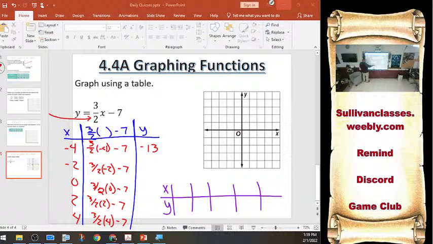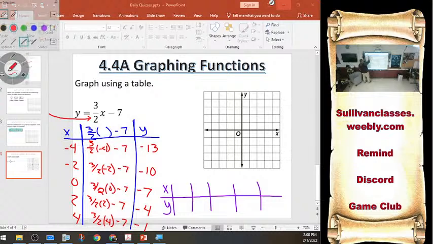Negative 3 minus 7 is negative 10. Getting a negative 7. Getting a negative 4. Getting a negative 1. If I've got enough points, I can plot them.